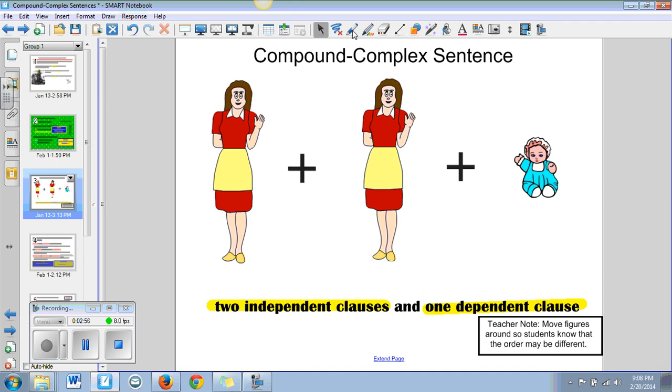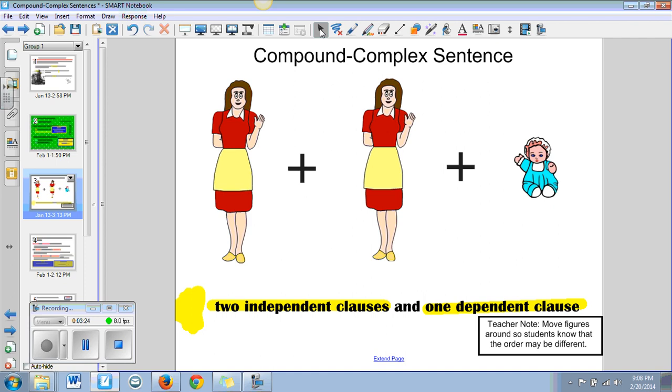So if we look down here, you're going to see that it's simply 2 independent clauses and 1 dependent clause. If we were going to think of a baby and a mother and their relationship, we know that the mother is independent, and the baby is dependent. The baby relies on the mother, whereas the mother can stand on her own.